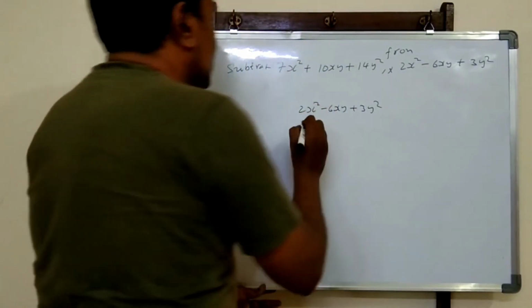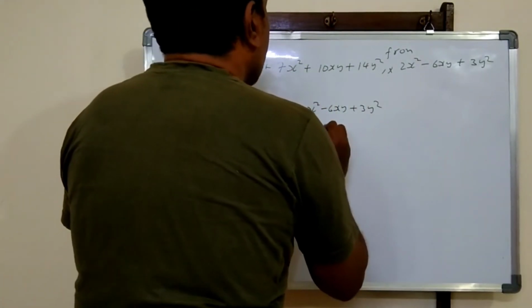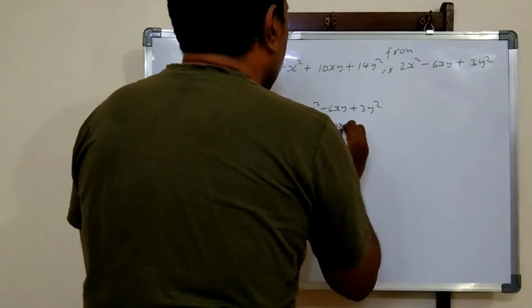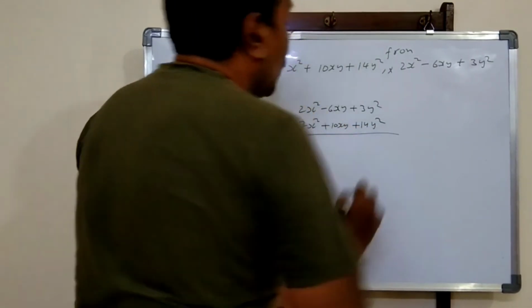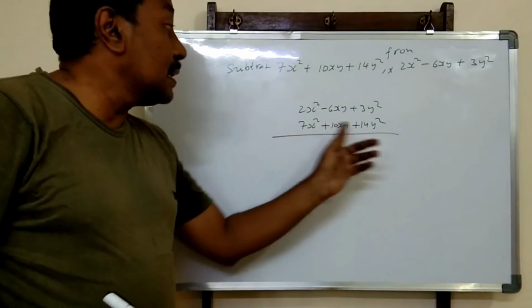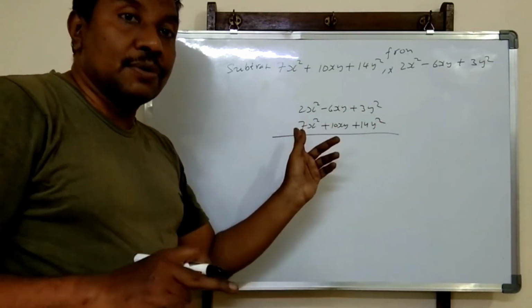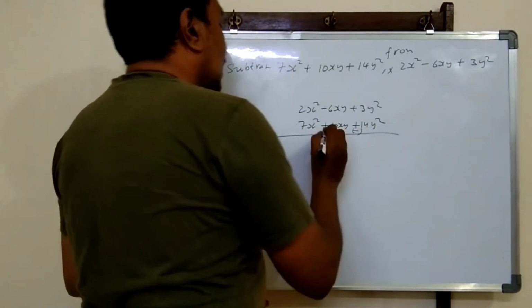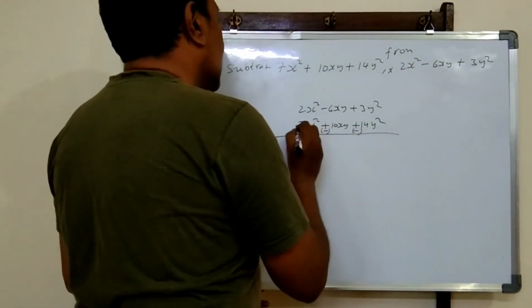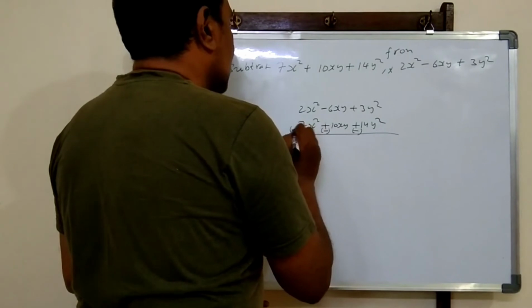Underneath you have to arrange this one: 7x square plus 10xy plus 14y square. Now write the additive inverse of the expression which you are going to subtract. So this becomes minus, this becomes minus, this becomes minus.